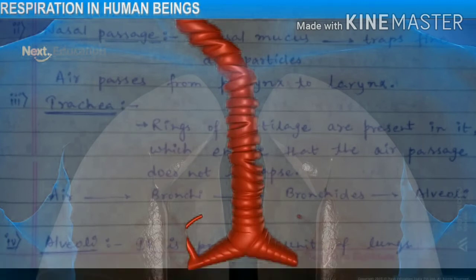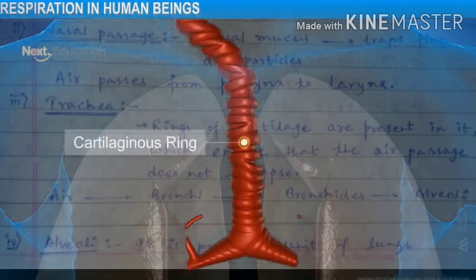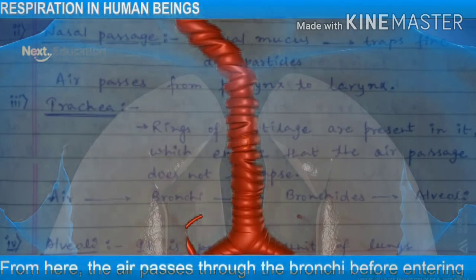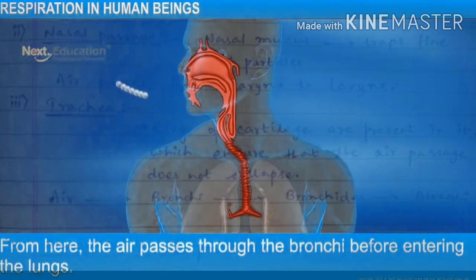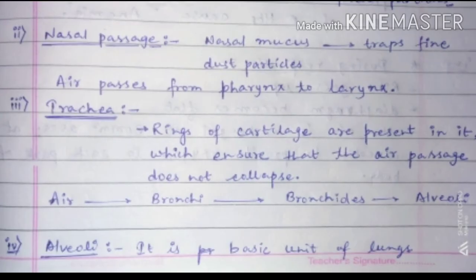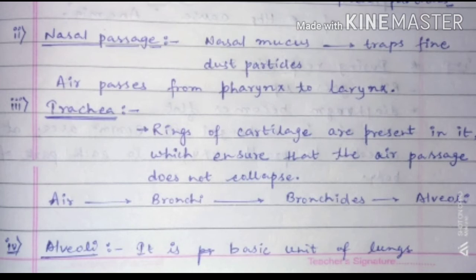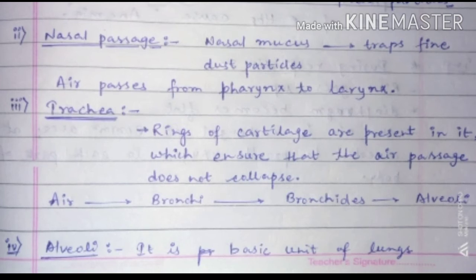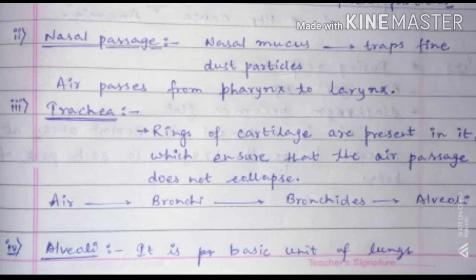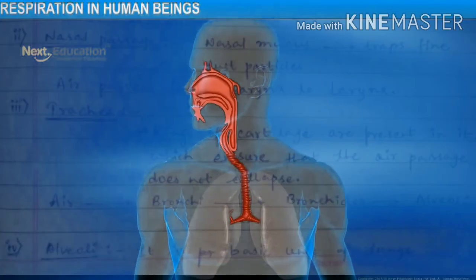Then the third part of the respiratory system is the trachea. The trachea is made of cartilage, a ring-like C-shaped structure, and this C-shaped ring ensures that the trachea does not collapse during the passage of air.